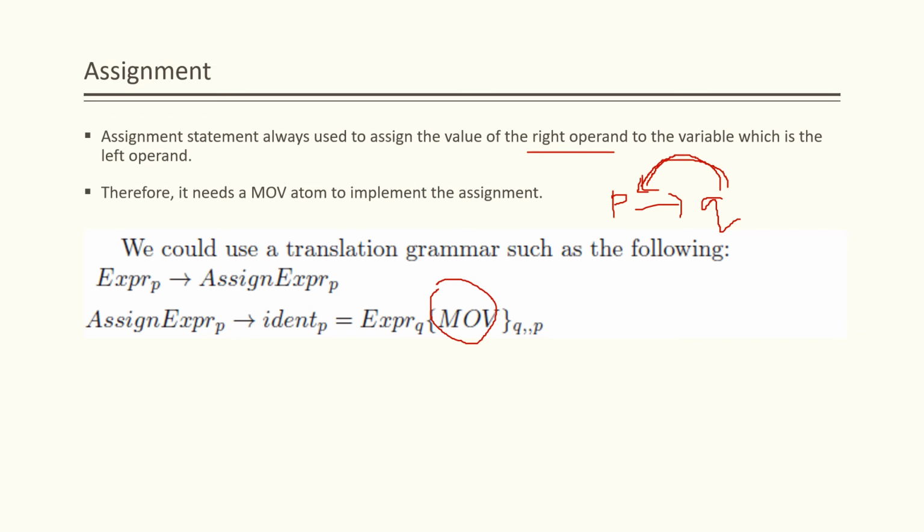If you come across that particular operation, you need to use move as your action symbol. For example, you have expression P goes to assign expression, then identification equals expression, move, which means you are moving the value from the right operand to the left operand.